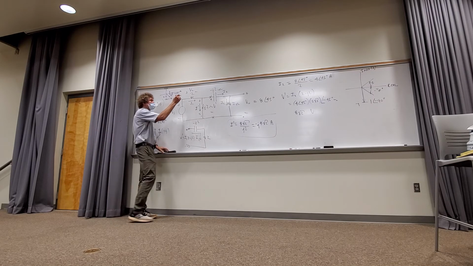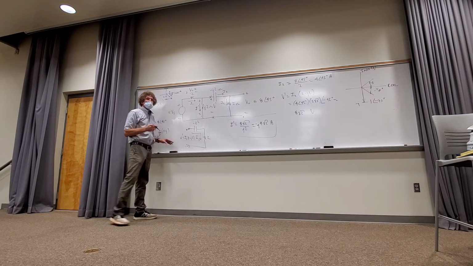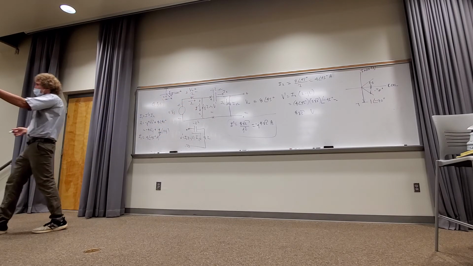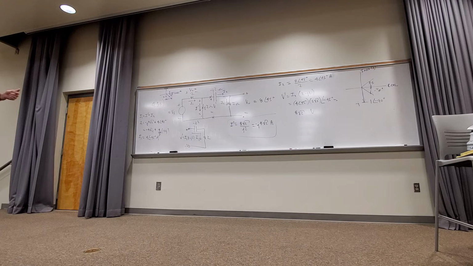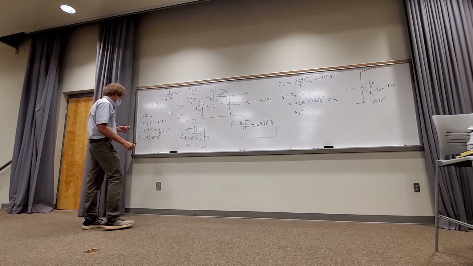So what is this voltage? Do we have I1? Yeah, assuming that's right. Do we have the resistance? Can you all read that 2 ohm there? So it would be 2 times I1.